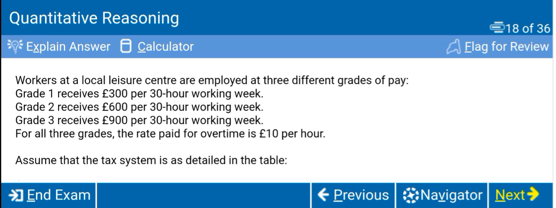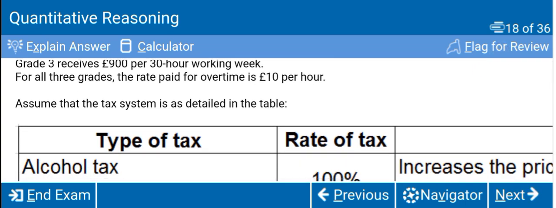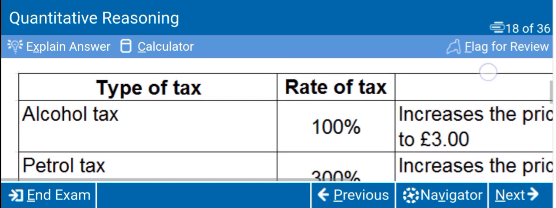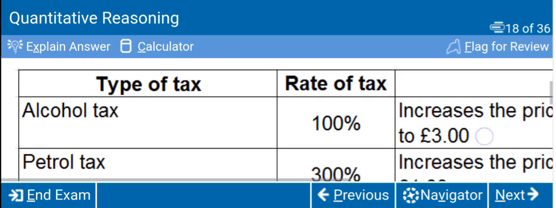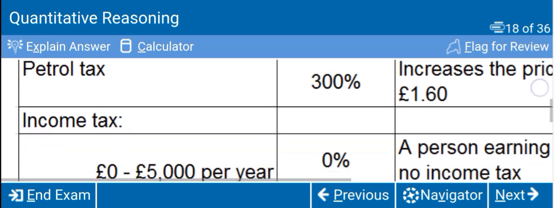Grade 3 receives 900 pounds per 30-hour working week. For all 3 grades, the rate paid for overtime is 10 pounds per hour. Assume that the tax system is as detailed in the table. So type of tax, then we have rate of tax again.